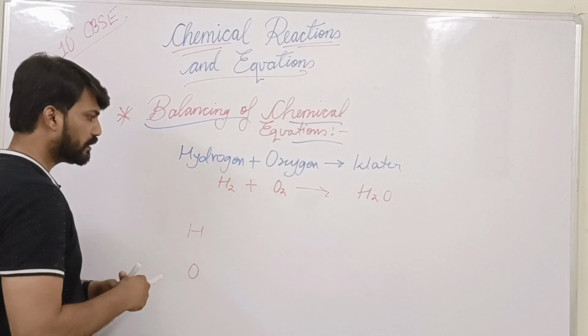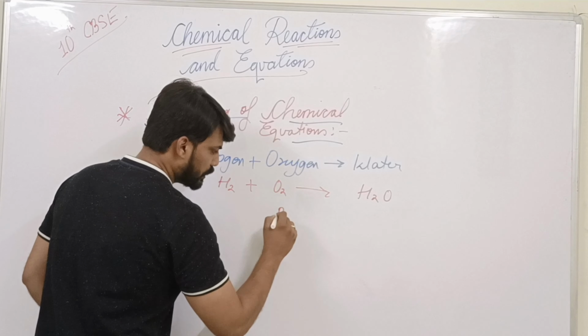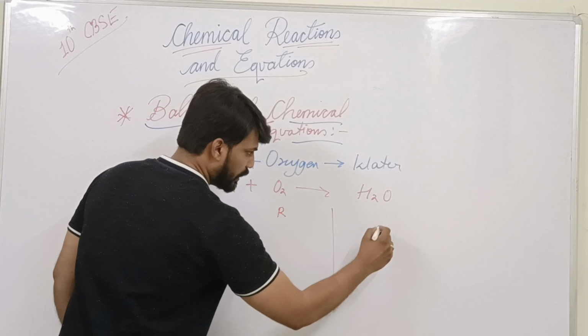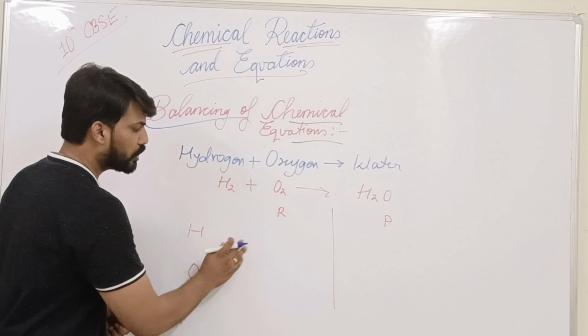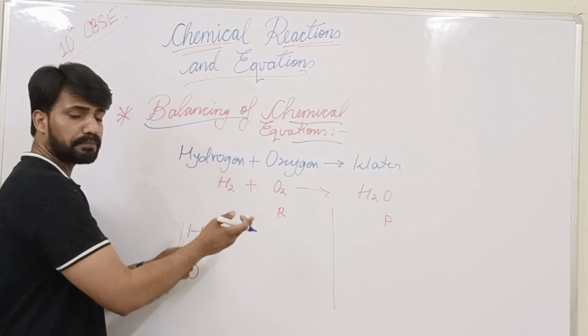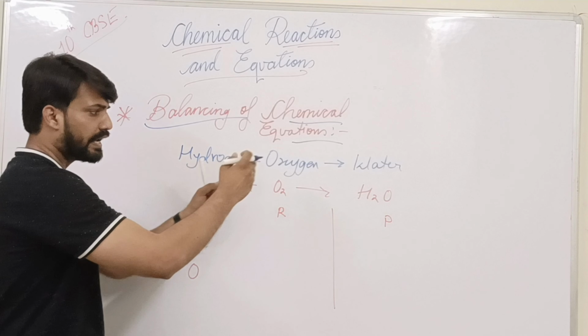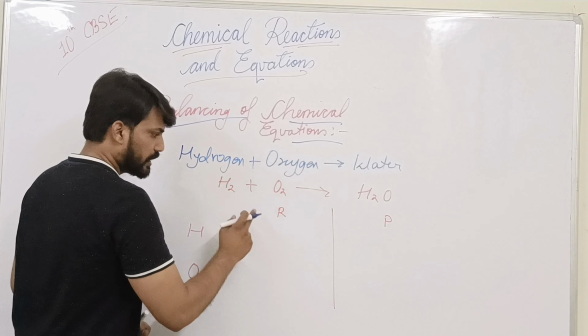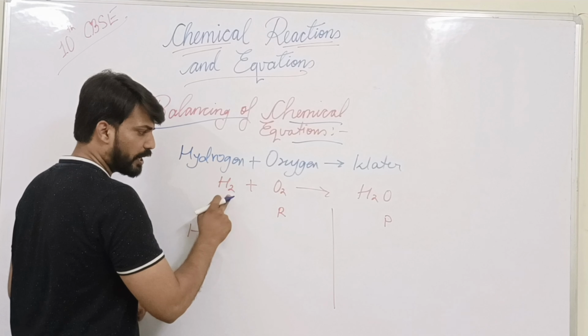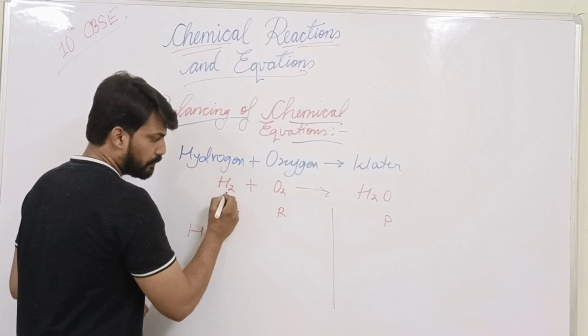What is the next part? We'll make two columns. One is for the reactant side and one is for the product side. Now here you have to write the number of atoms present on the reactant part, and here you have to write the number of atoms present on the product part. Here how many atoms of hydrogen are present? H2, that means 2.